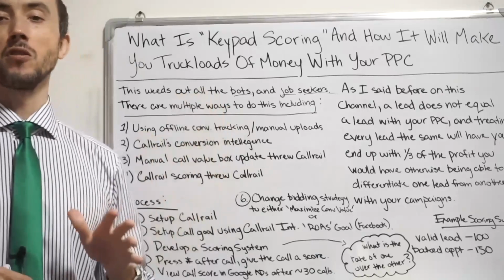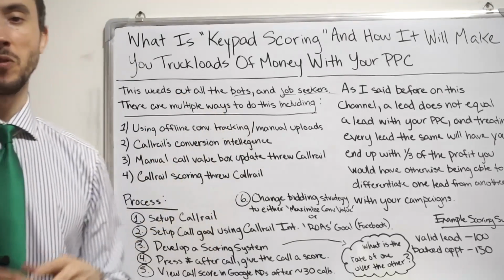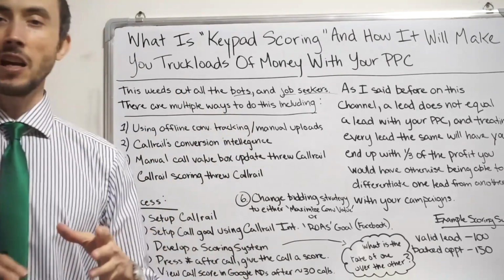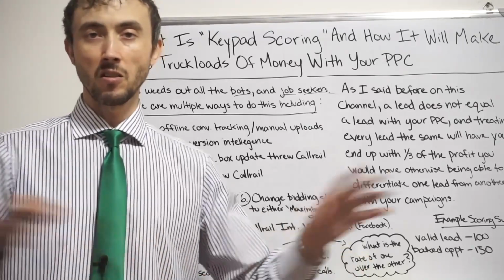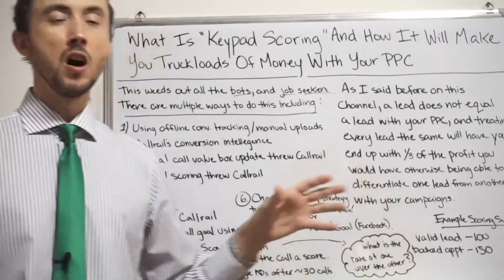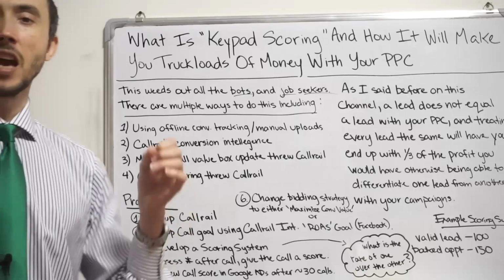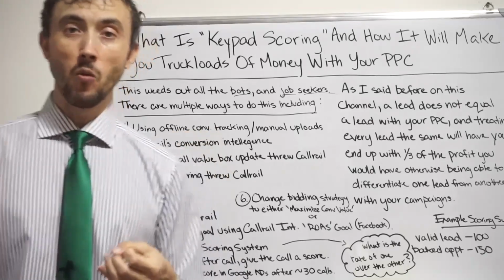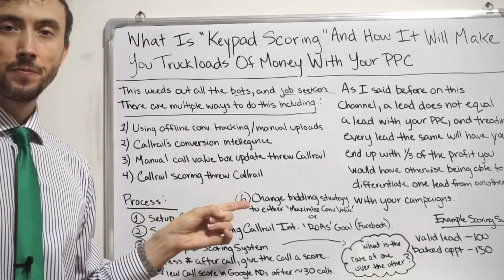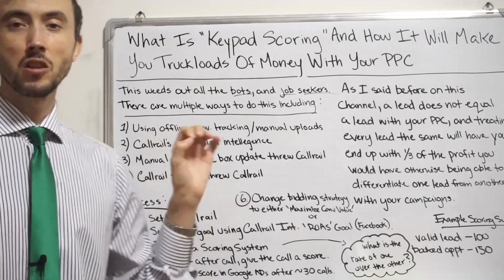So naturally with this, I'll just tell you from experience, if you use call scoring, you're not going to just want to tell your salespeople once and then assume they're going to remember forever. No. Once a month, you're still going to have to go into Callrail and listen to the call recordings.